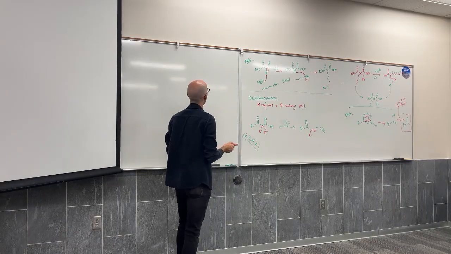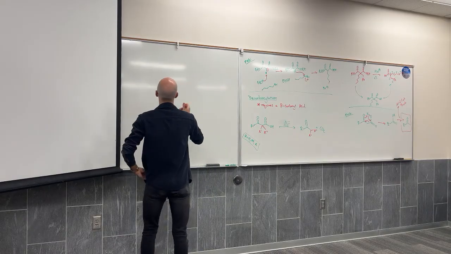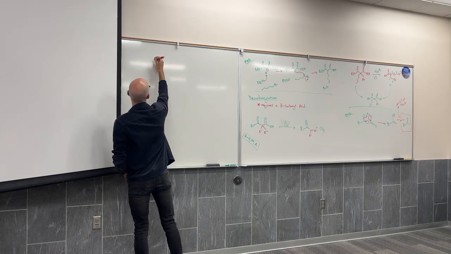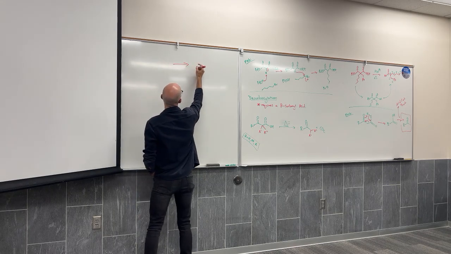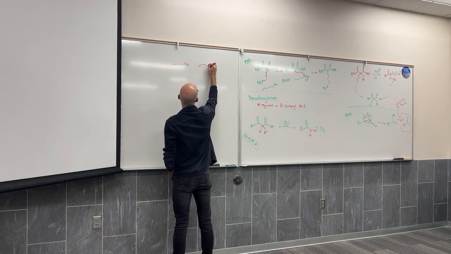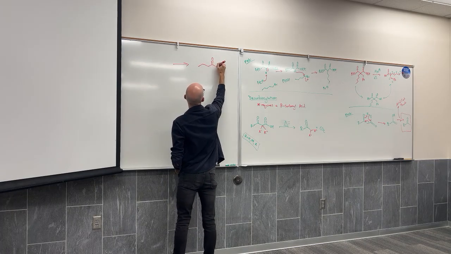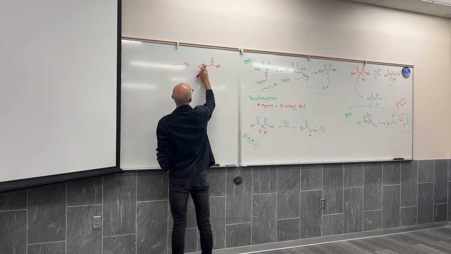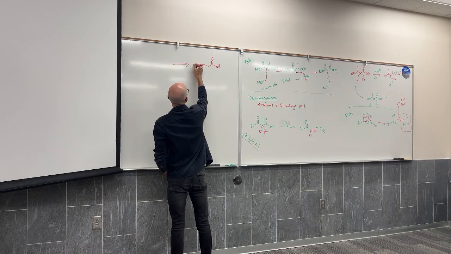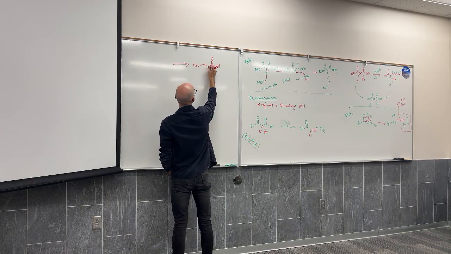I want to give us a little time to practice and take a short break before we get into some new reactions. So what I want you to do is find a way to make this structure.